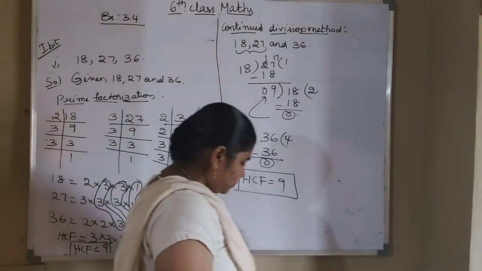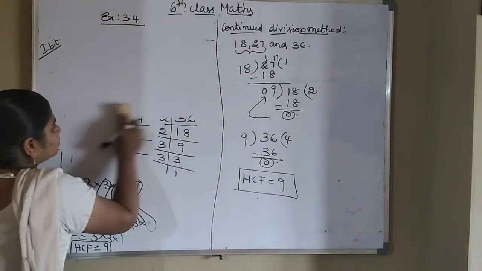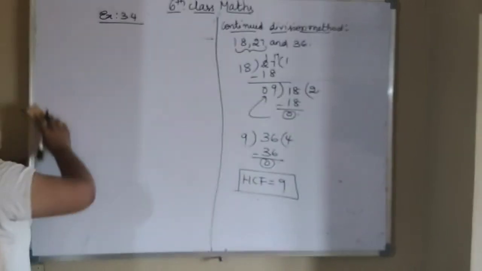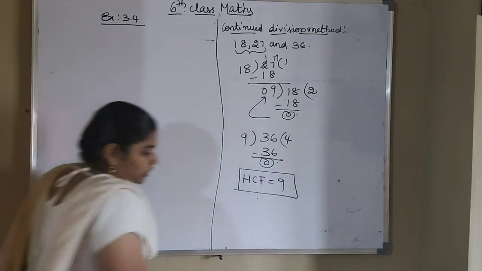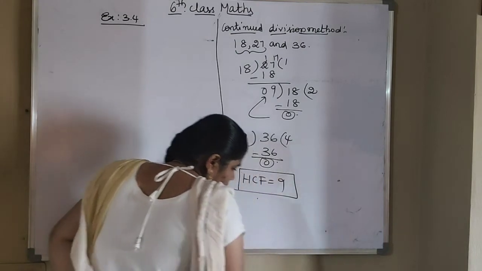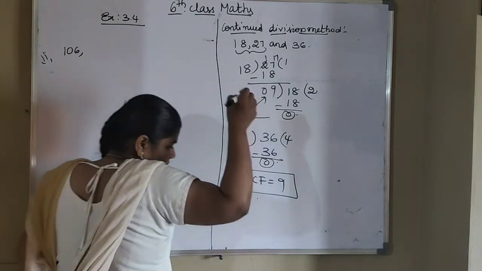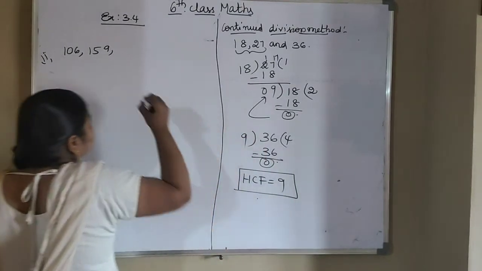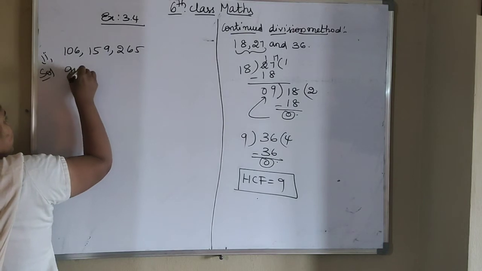Next is 106, 159 and 265. So by using prime factorization we have to solve first.